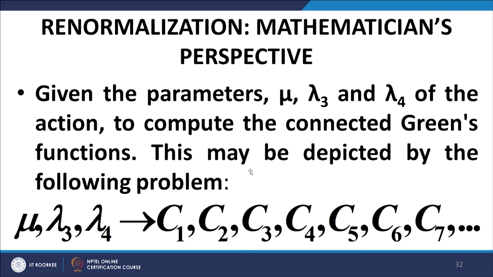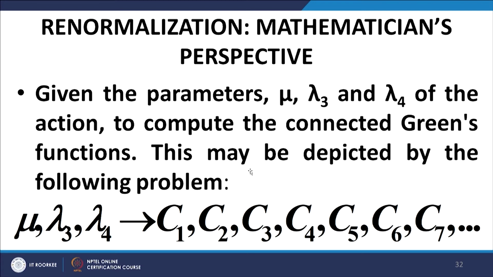The inputs would consist of the mass and the coupling constants of the theory, and using this mass and coupling constants, the mathematician would like to arrive at expressions for the various green functions, various connected green functions C1, C2, C3 and so on. So, that is the mathematician's problem, and that is what by and large we have been addressing so far.